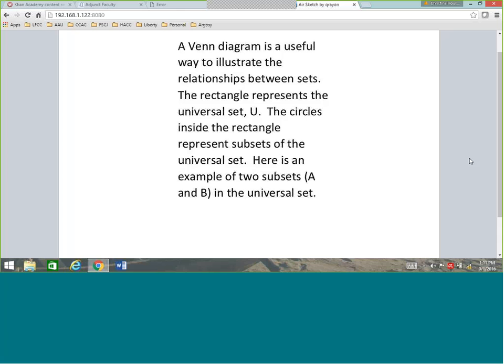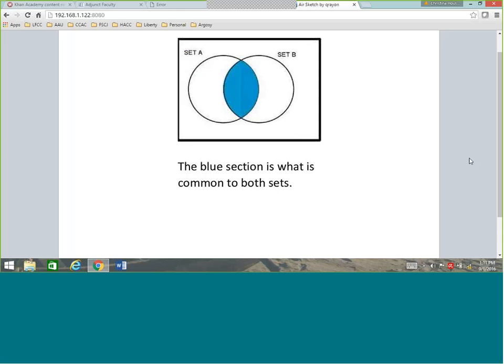Here's an example of two subsets and the universal set. Here we have the universal set, and that's the U. We normally stick the U in the corner somewhere to represent the universal set. And here we have set A and set B. You can name them different things depending on the situation. The blue section is what's common to both.